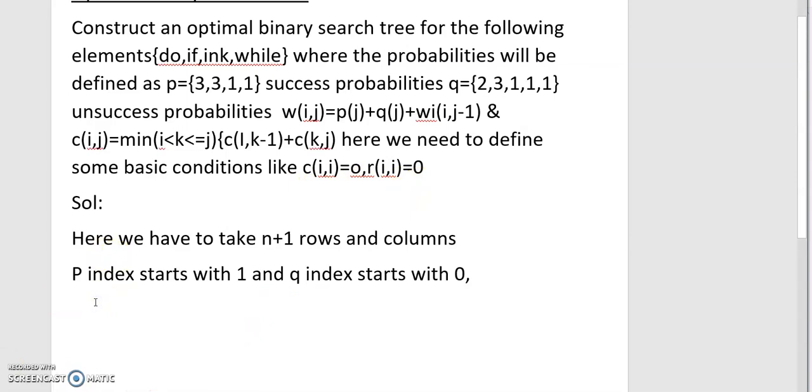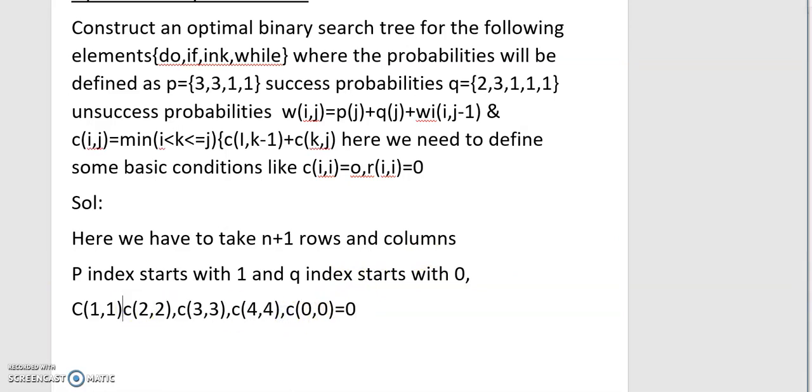So all the C of 1 comma 1, C of 2 comma 2, C of 3 comma 3, C of 4 comma 4, sorry, C of 0 comma 0 as well.